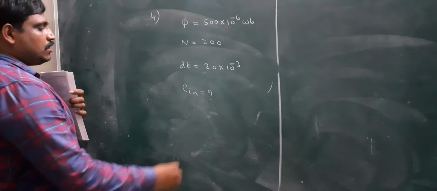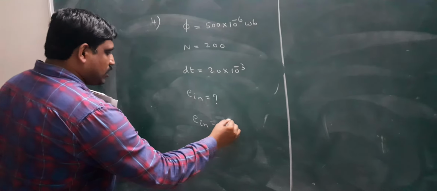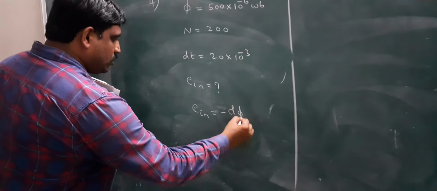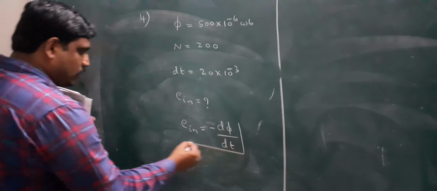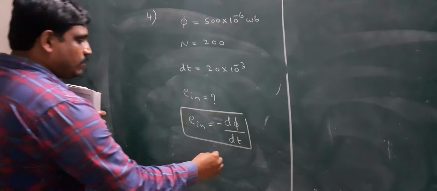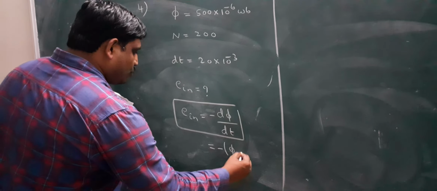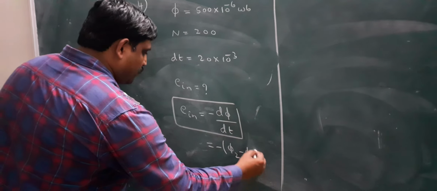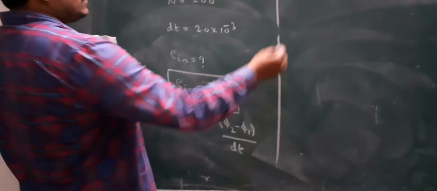What is the induced EMF formula in the chapter? Faraday's second law, induced EMF is minus dφ by dt. In this situation, dφ is written as final flux minus initial flux, whole by dt.